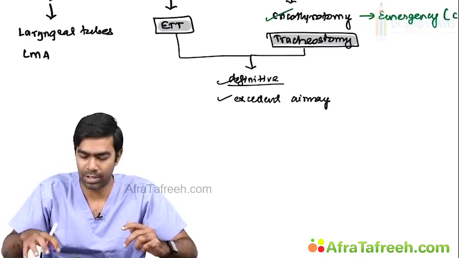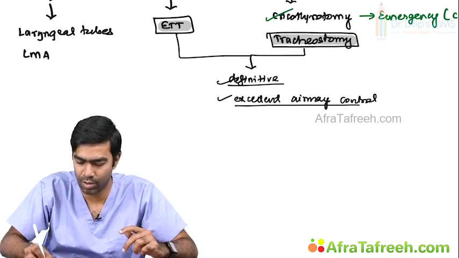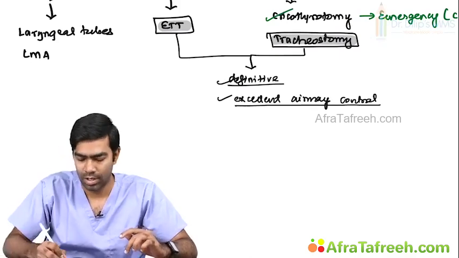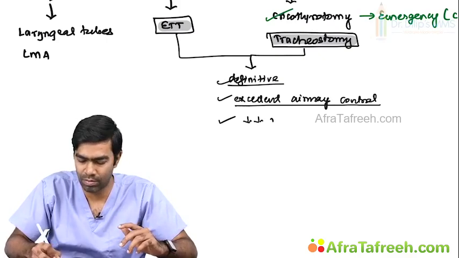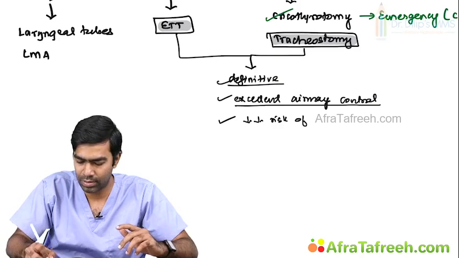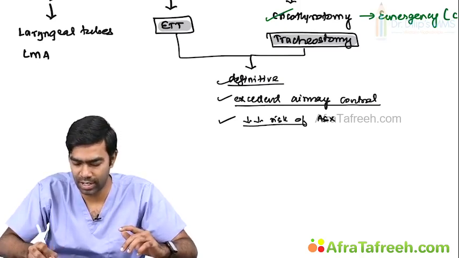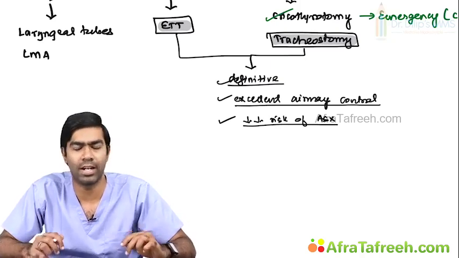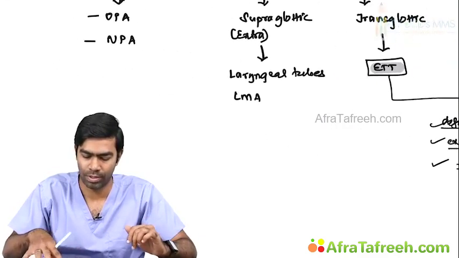So you can manipulate the airways. The entire airway will come under the control of the examiner. And with these airways, you have a very negligible risk of aspiration. Especially with endotracheal intubation and tracheostomy, there is a very negligible risk of aspiration. Very little risk is still there, but almost zero.